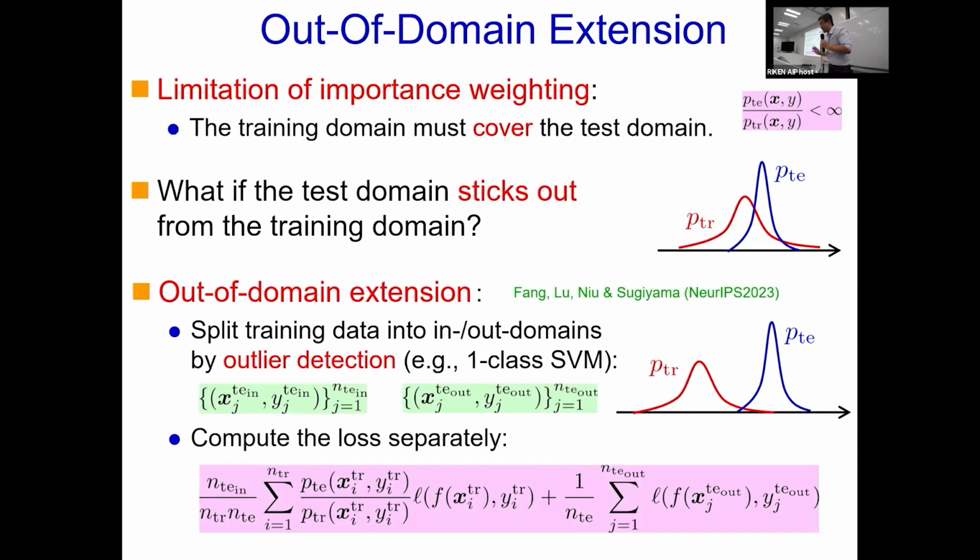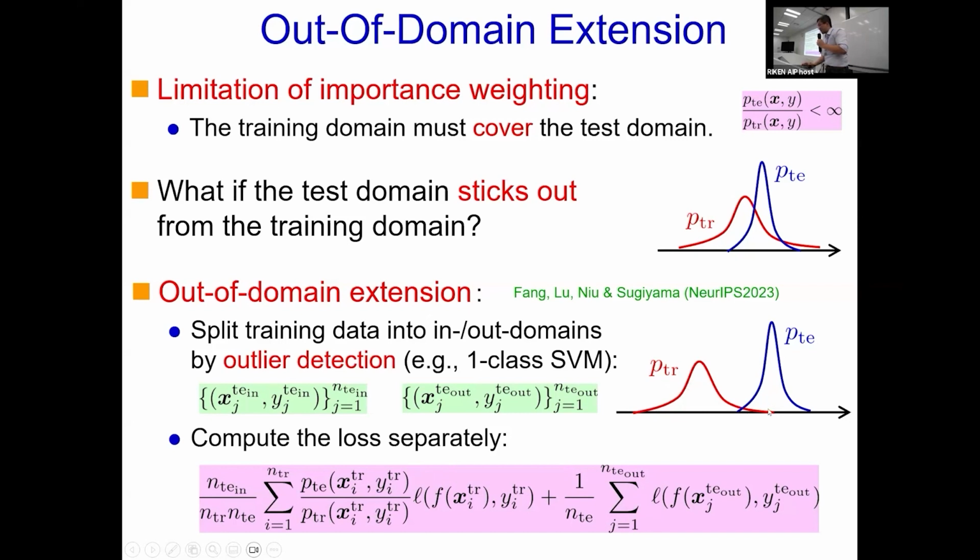Our method is still heuristic, but we had one nice method to do that. We try to identify this point by applying an outlier detection method. In our case, we used one class SVM to split the test points into the training side and test side. And for those test points in the training side, we apply importance weighting as usual.